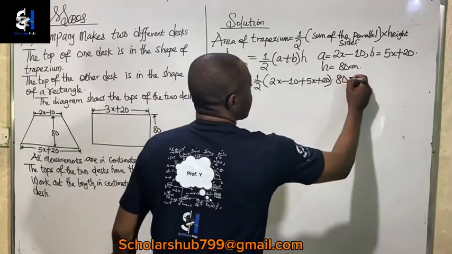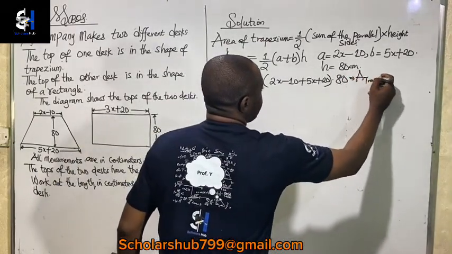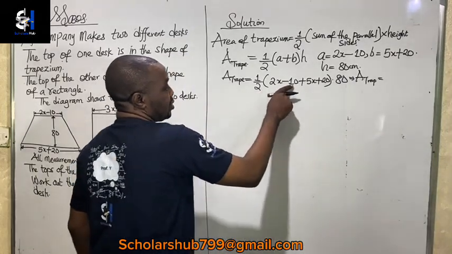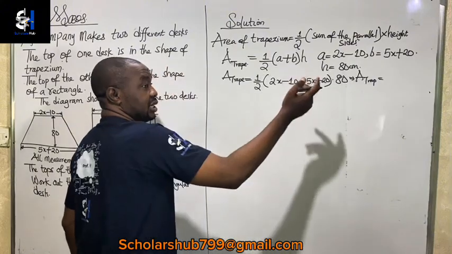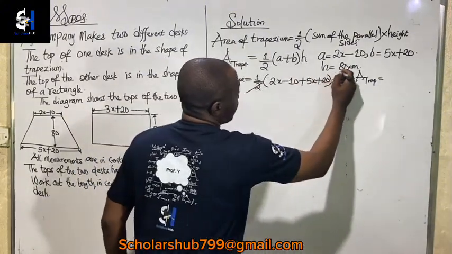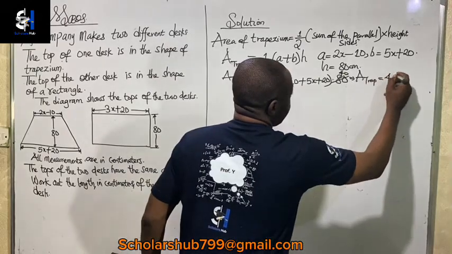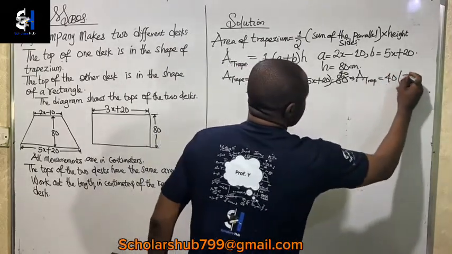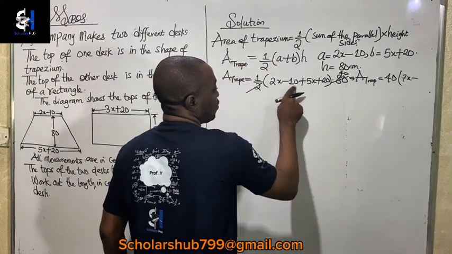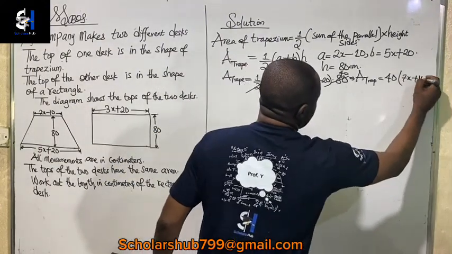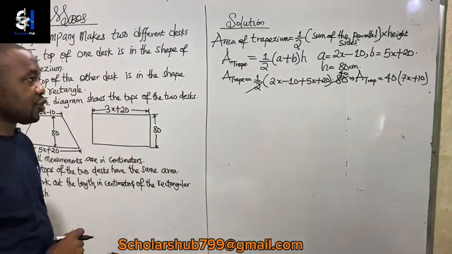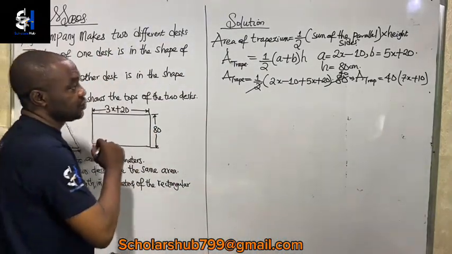In this case, 5x plus 2x is 7x, and negative 10 plus 20 is 10. So what is 80 divided by 2? That will be 40. So we have 40 multiplied by (7x plus 10). That will be the expression for the area of the trapezium.